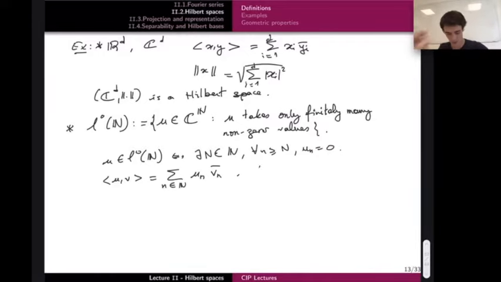Well, check that, so of course check that L0 of N is indeed a C vector space. Check that this is a scalar product.